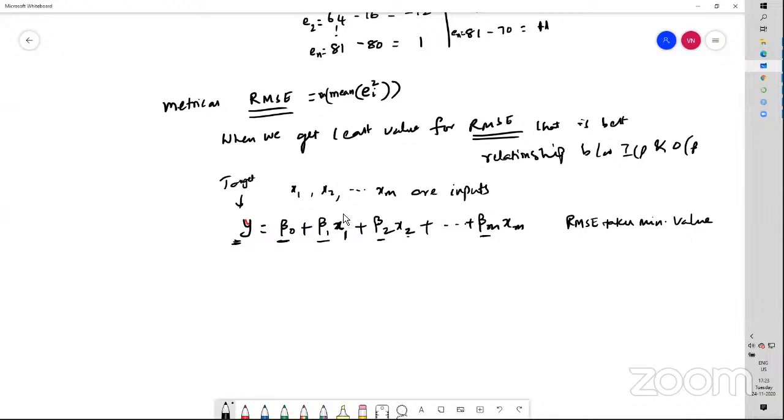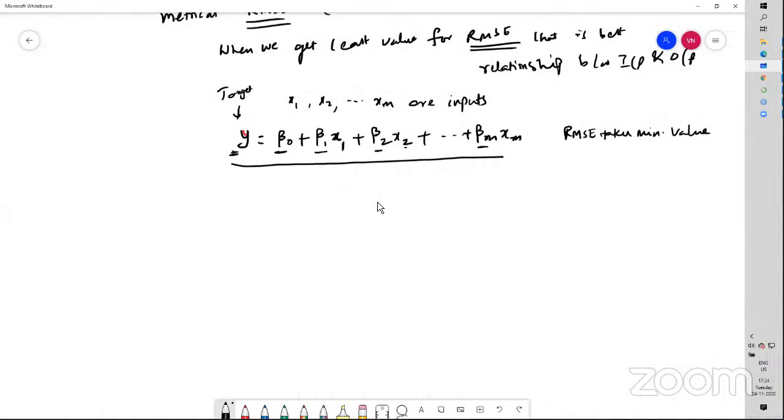So how can we find out these values? That's a tough question, right? This is where we introduce other concepts of mathematics. Let's say I am going to write this as y hat. y minus y hat, what is that? Error.